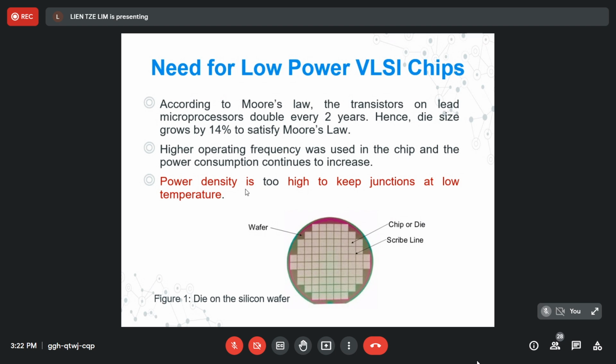With the number of transistors increasing and the size of the chip getting smaller, high power dissipation we cannot avoid, but we have to find a way to reduce it.